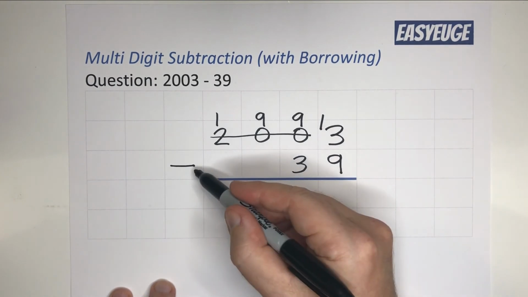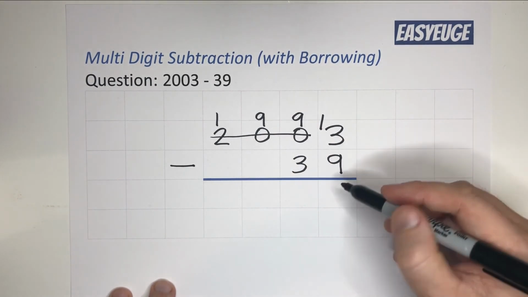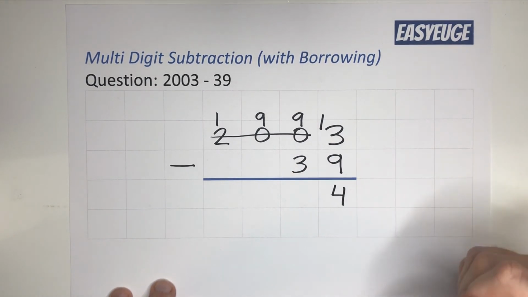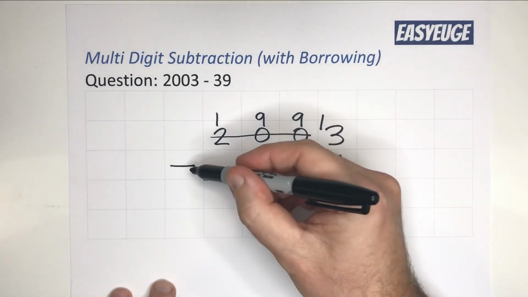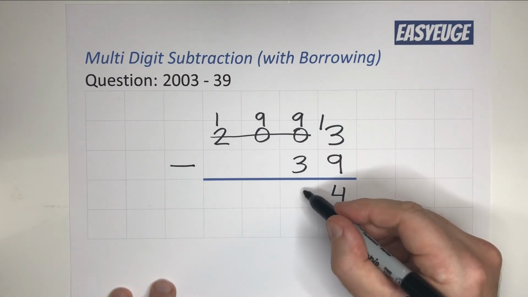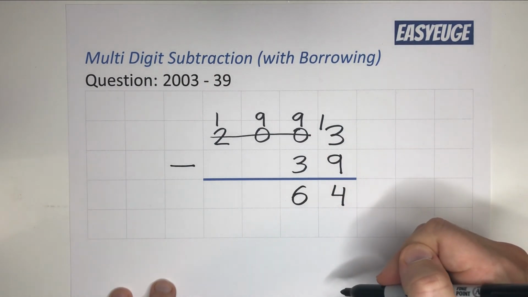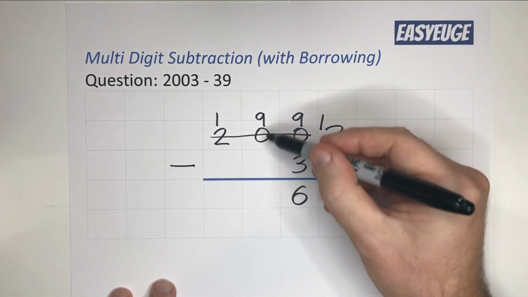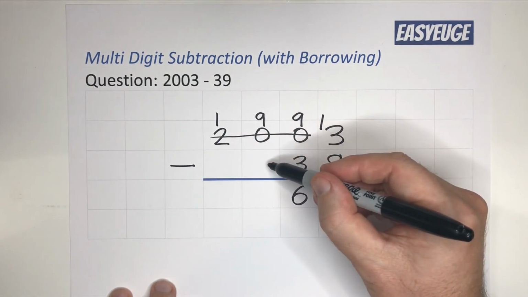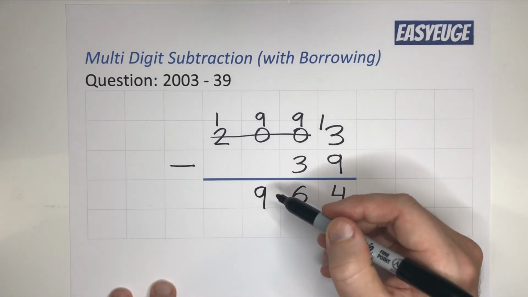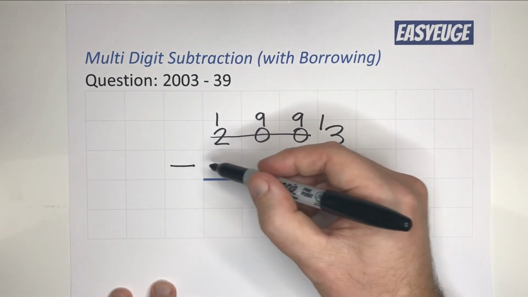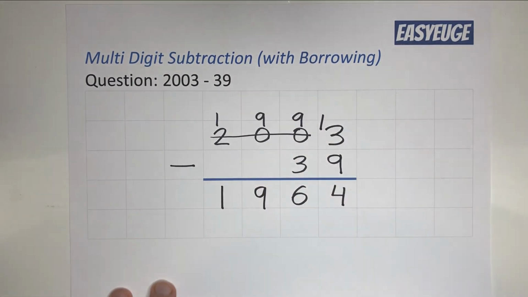So let's carry on. 13 subtract 9 is 4. There we go. Let's move to the next column. 9 subtract 3 is 6. Okay. The next column, 9 subtract a blank is 0. 9 take away 0 is 9. And finally, 1 take away a blank is 1.